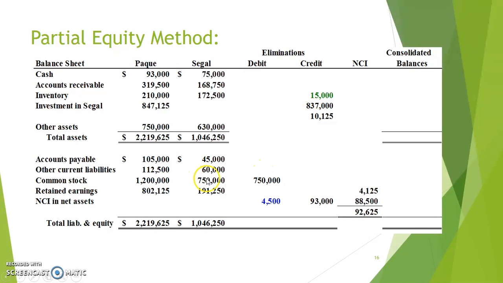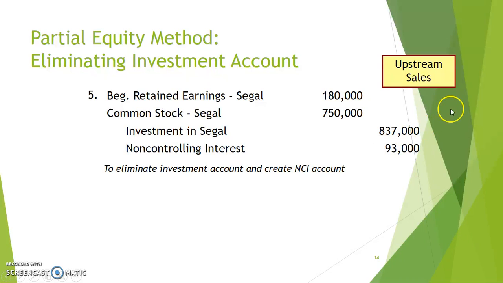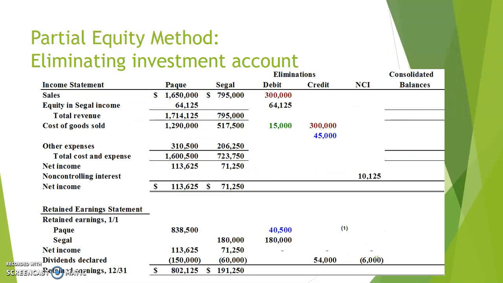We'd eliminate the common stock of the sub with the 750, and we go to the beginning retained earnings of the sub and we eliminate this 180,000 here. The other entry you notice will go to the NCI, which is effectively the balancing figure, or the NCI's share of the investment account when we take their 10% in equity.